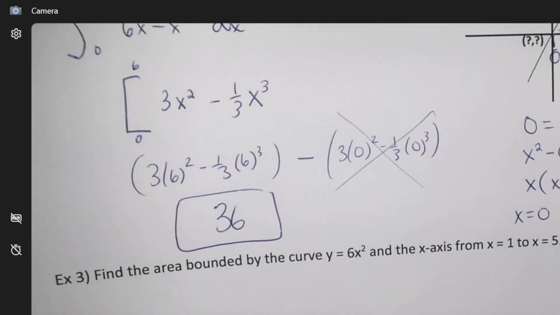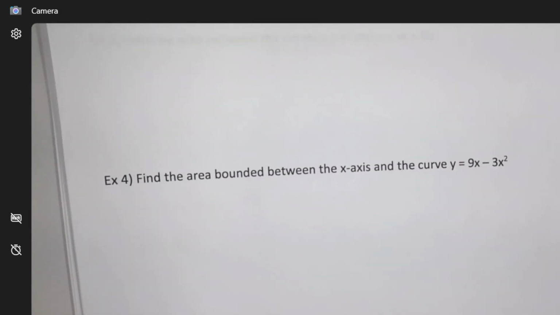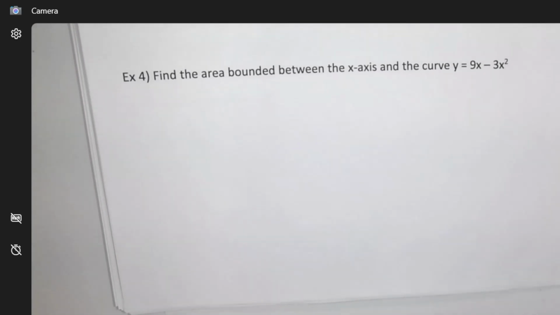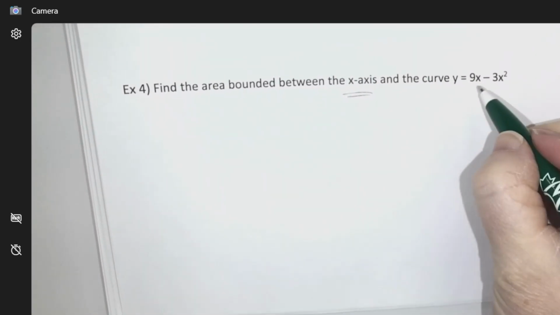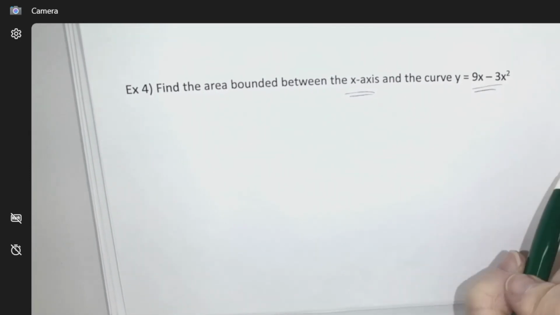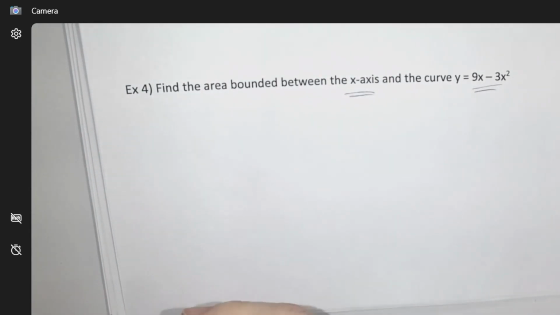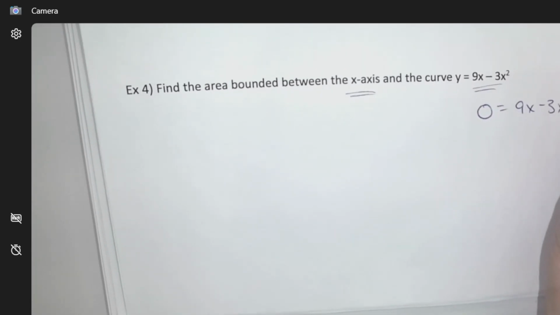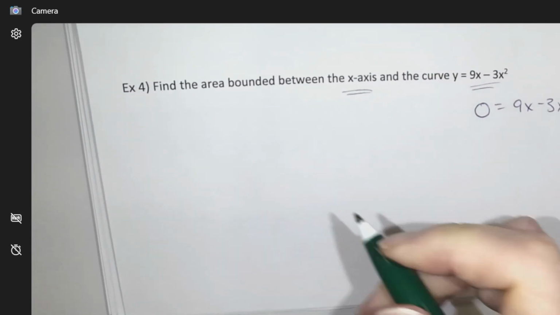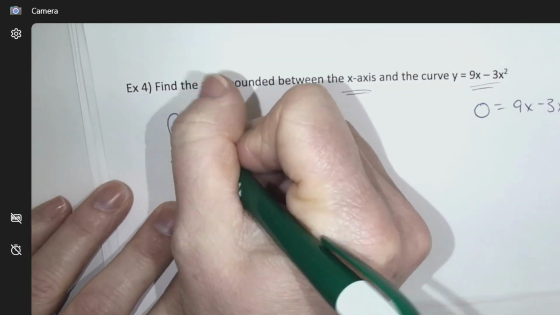Okay, let's jump here to number 4. Find the area bounded between the x-axis and this curve. So I need to know, where does this curve hit the x-axis? Because I need my boundary numbers.